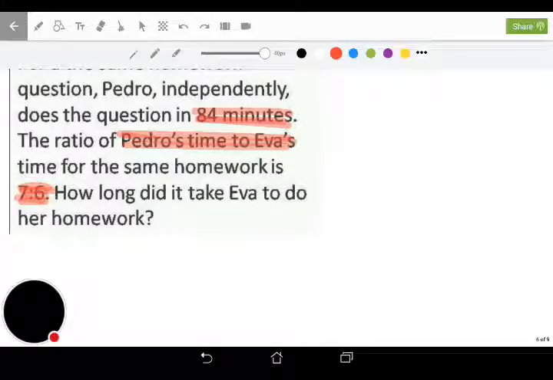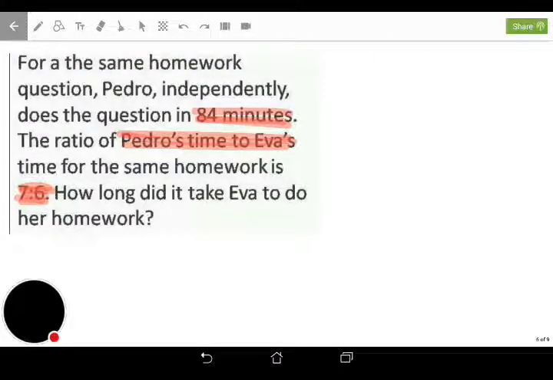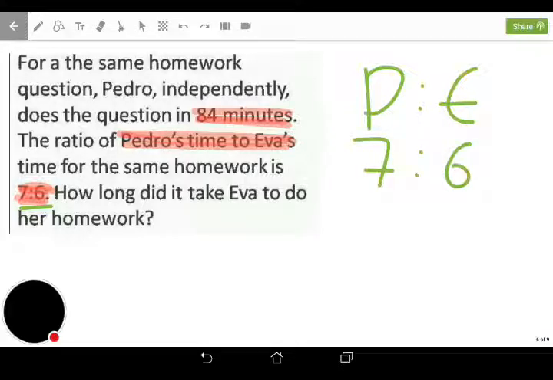So for this one, I'm just going to summarise my information that I have. So I have Pedro, I have Eva. Pedro to Eva is in the ratio 7 to 6, and it took Pedro 84 minutes.